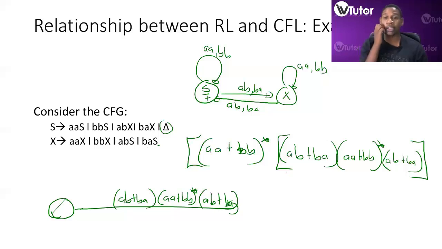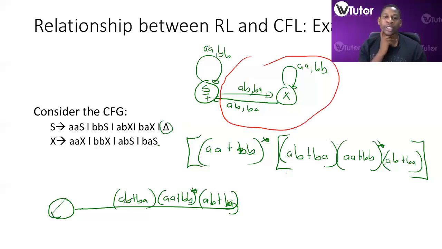And this, in itself, is a loop. And that is a loop in itself as well. So if this is a loop, we're going to put a Kleene closure there.